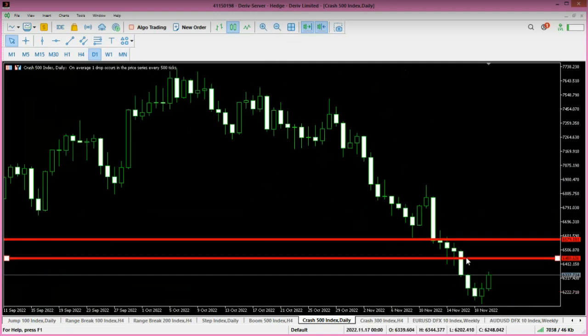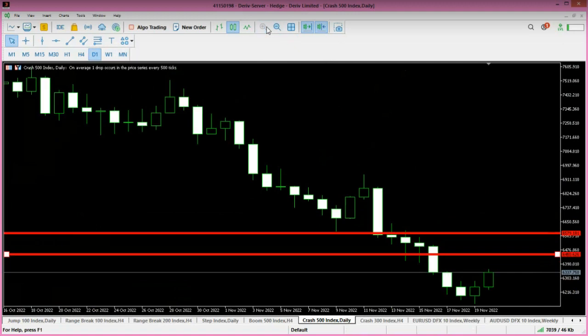Looking at this candlestick here, this one is the candlestick that closed today at around 2 a.m. if you are from South Africa. I don't know about your time zone, but using the time zone from South Africa, it closed today at around 2 o'clock a.m.